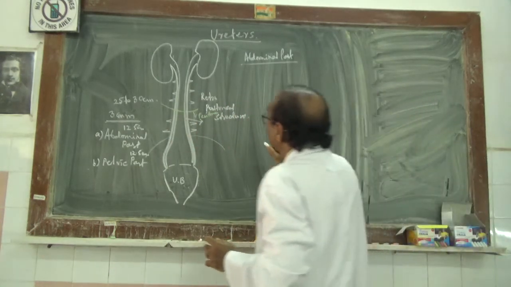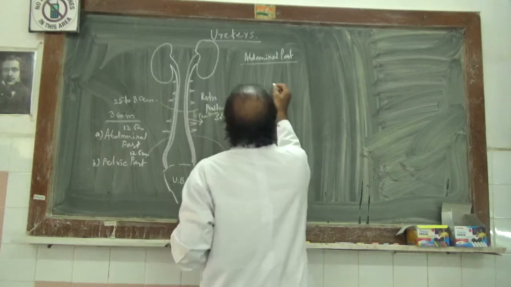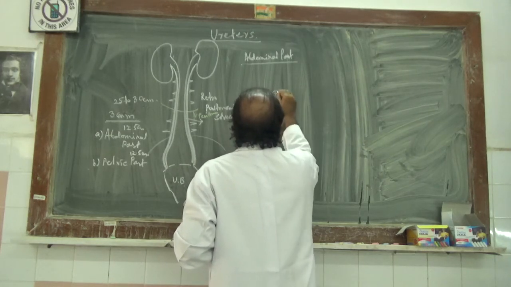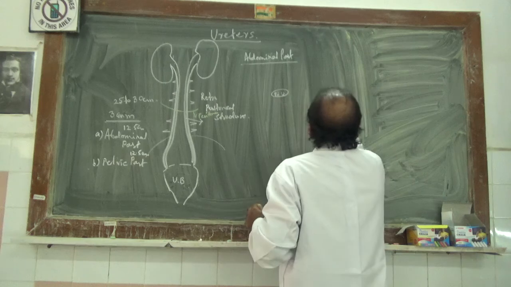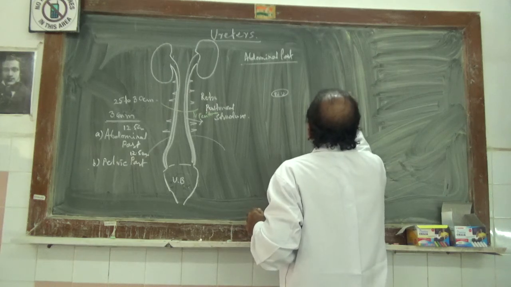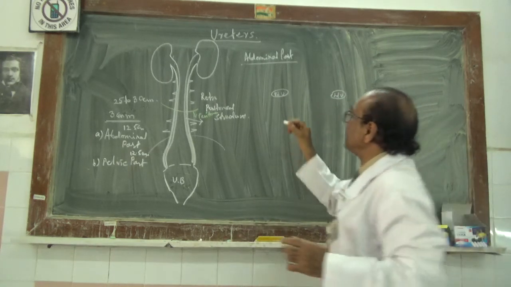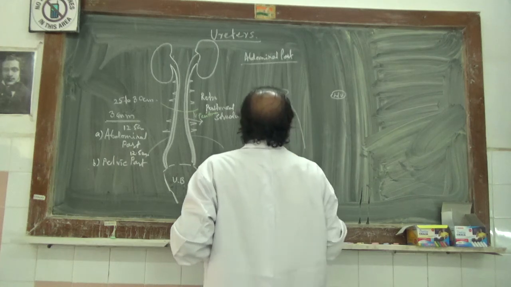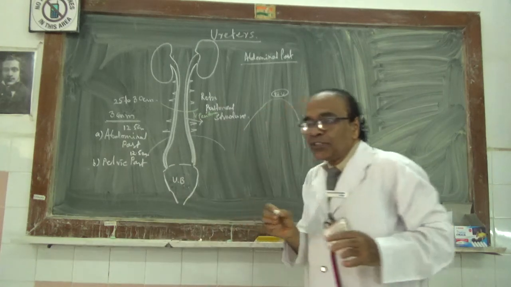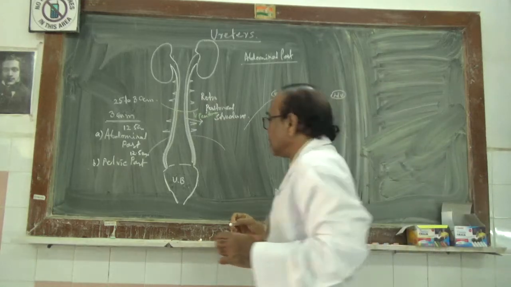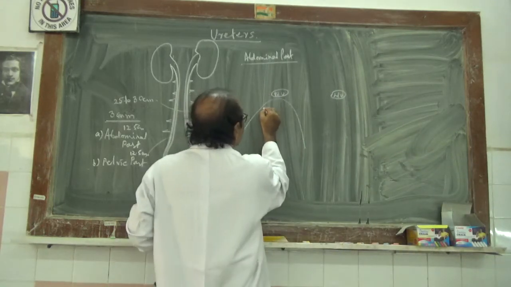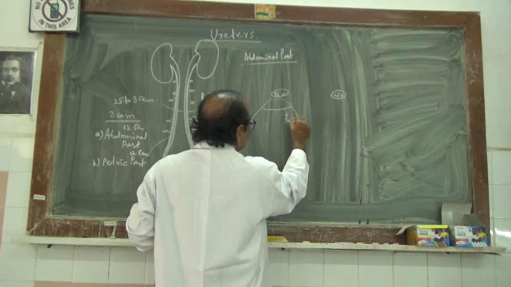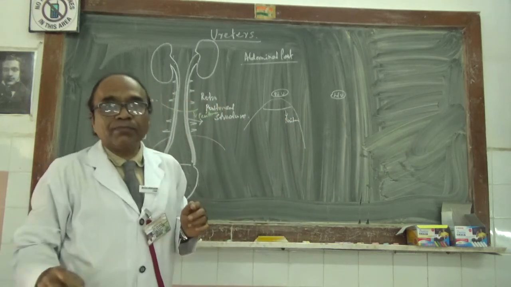Then relations of the abdominal part. This is the right ureter. This is the left ureter. Now anteriorly, the right ureter is in relation to peritoneum, both parietal and visceral.